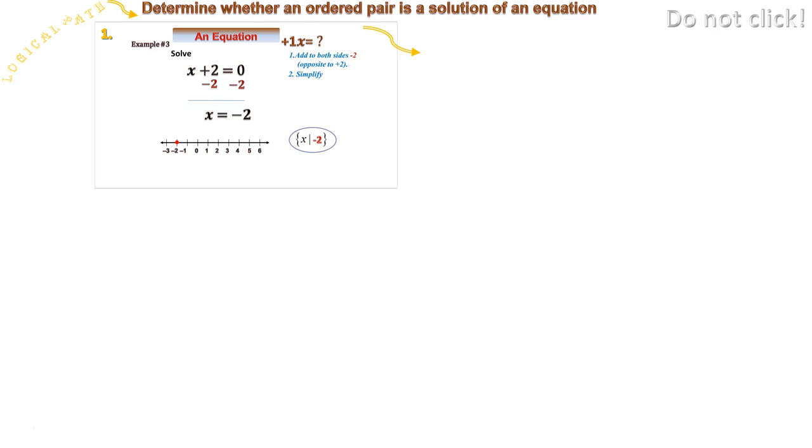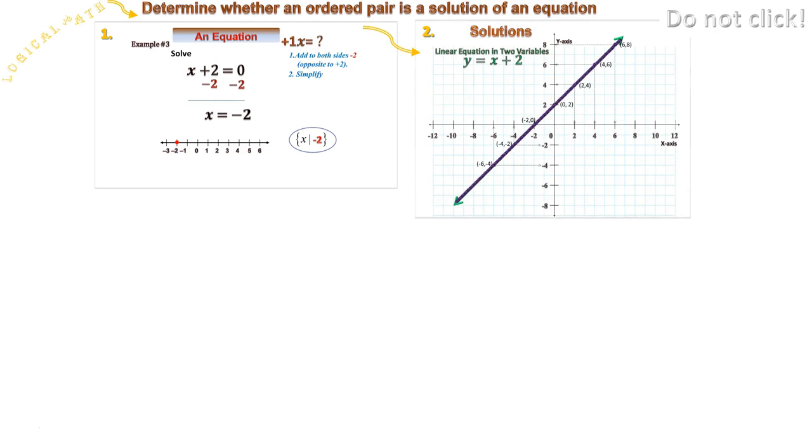Now we are working with a linear equation in two variables, and to our surprise we will see that it has infinitely many solutions. If we plot some of them and connect them, we will see a graph which is a straight line. So all solutions of a linear equation would be on this straight line.